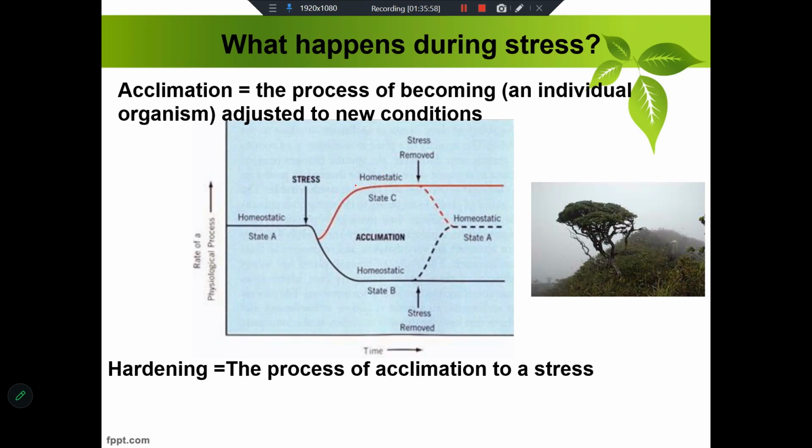If the stress continues, the new state will be maintained, and if the stress is removed, it can fall back to the original homeostatic state. This is how acclimation takes place.